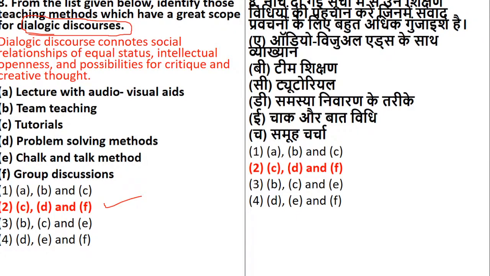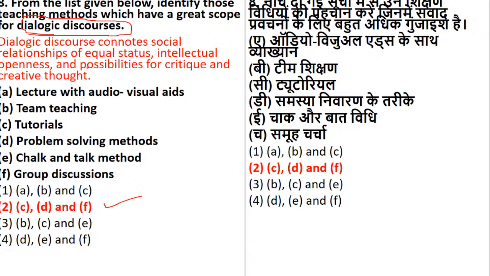It is basically a very open discussion about certain things, wherein you take into consideration relationships and intellectual openness. It means that even if someone criticizes you, you do not take it in a wrong form. You take it as productive, as improvement.